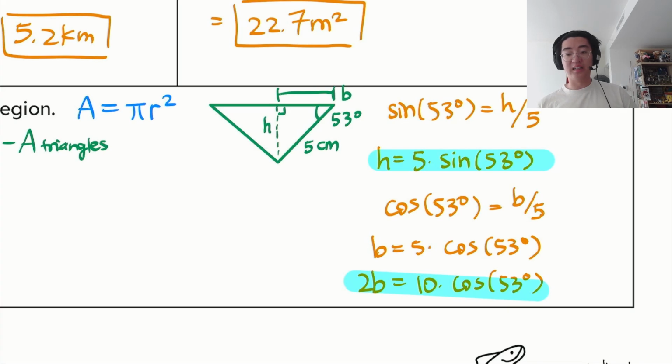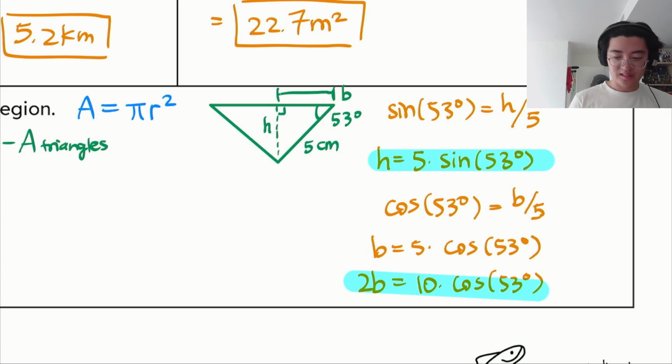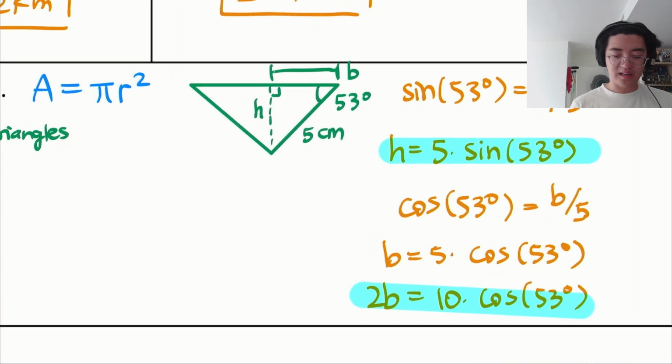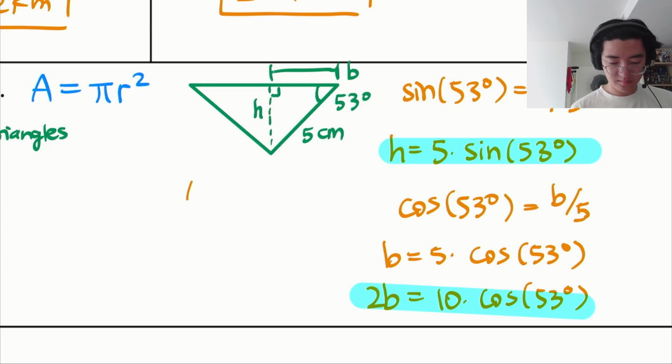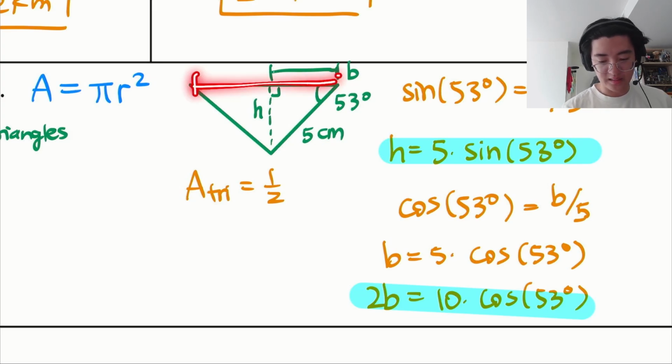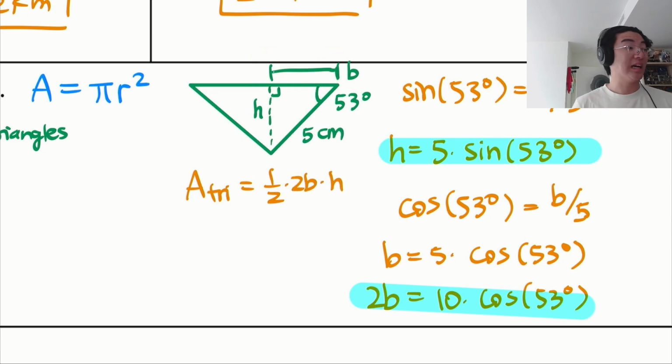So the area of this triangle is 1/2 times the base here. The base here is 2 times this, times the height. So just make sure of that, okay?